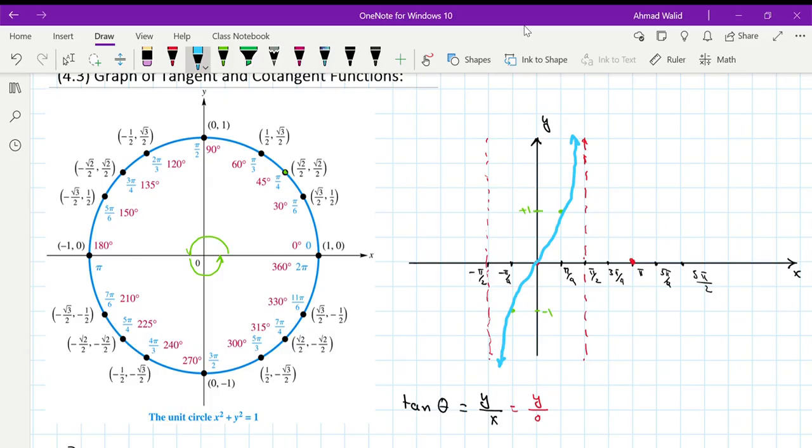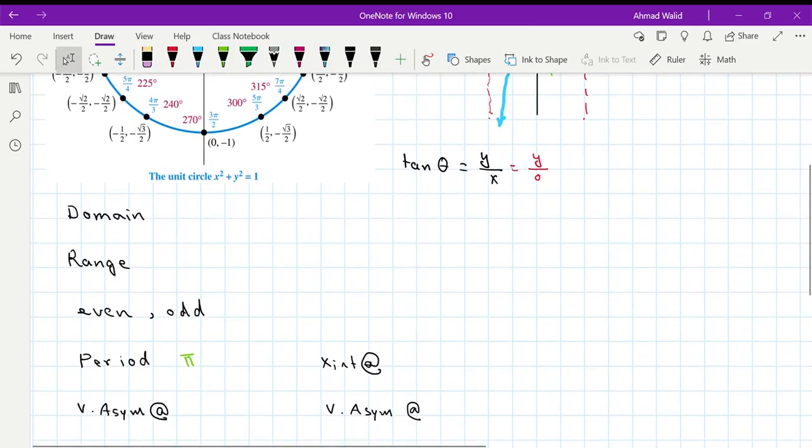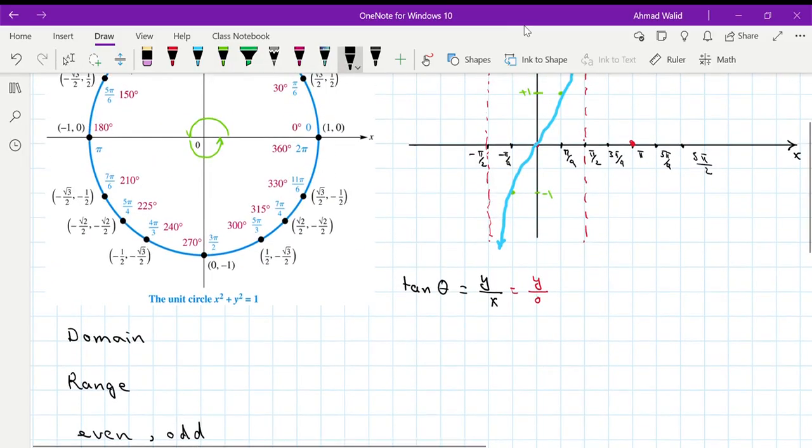Correct? Now, where is my vertical asymptote? If I want to draw more than one period, your vertical asymptotes happen at pi over 2 plus what? Every k pi. You go another pi from here to here, you have another vertical asymptote.